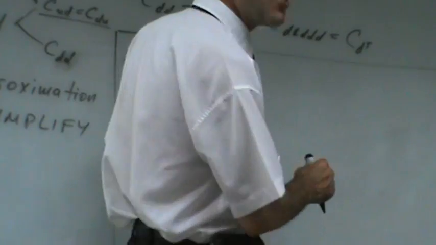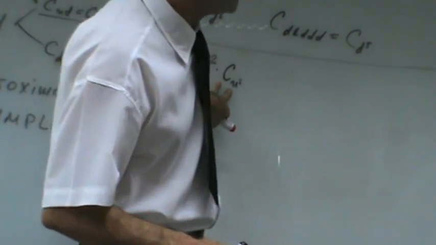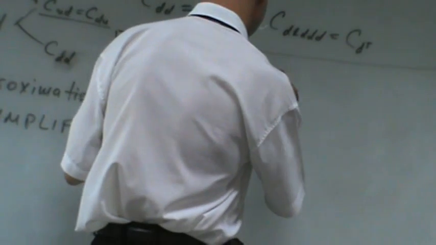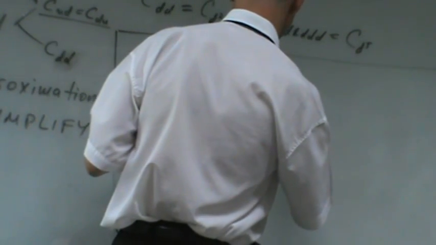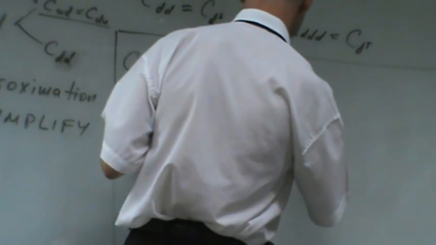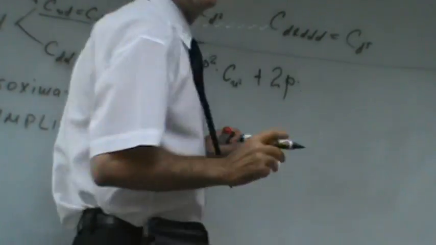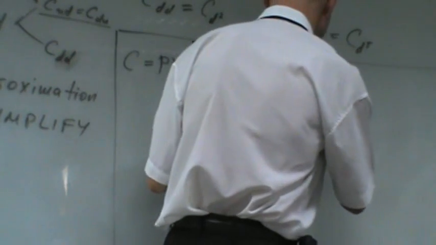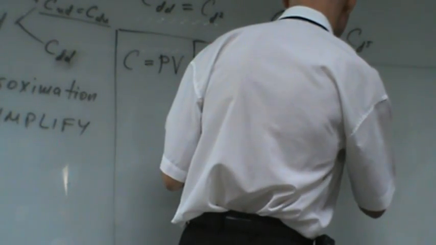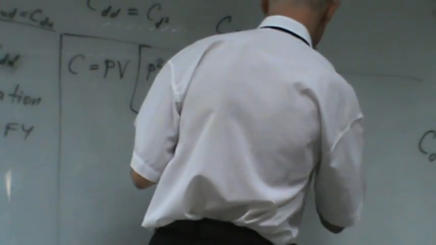Yes, that's the probability of ending up here. Okay, next you got 2 times the probability of going up, and then the probability of going down, 1 minus p, CUD.